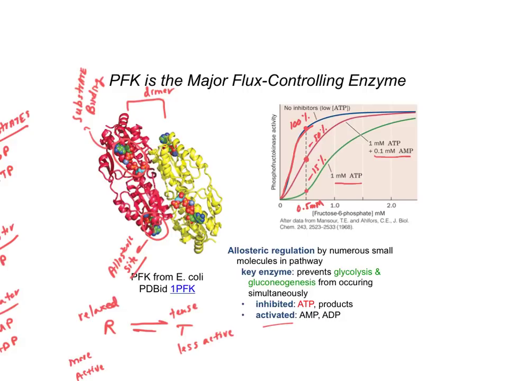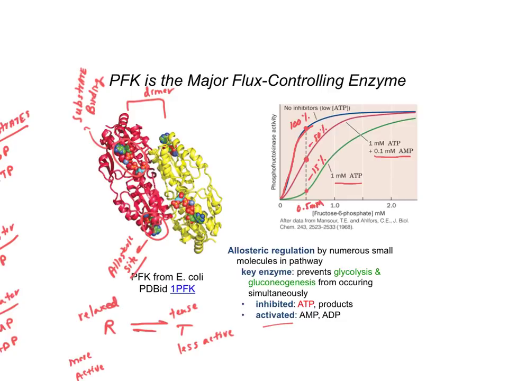So one thing to note is that the concentration of ATP overall actually doesn't change that much. Even when we are completely depleted of ATP, we still have a gigantic amount of ATP present. The thing that really does change, though, is the AMP and the ADP. If we're continuously hydrolyzing ATP, our products are ADP and AMP.